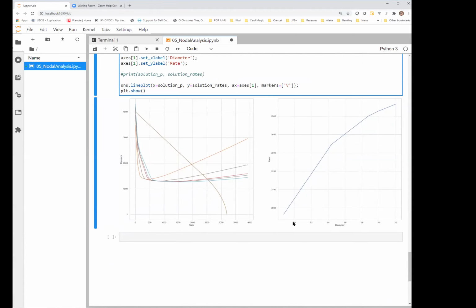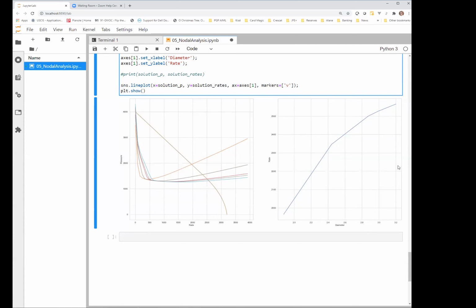The real result that we're looking for is how the diameter is impacting the rate. And as we know, we should find an optimal point, okay? Which in this case, for these particular conditions, is telling me the bigger the diameter, the better in terms of rates. But we know this is a condition that is changing through time.